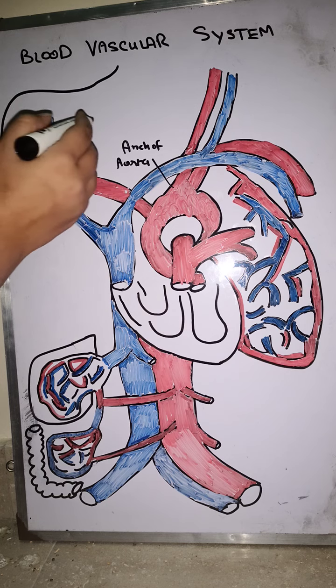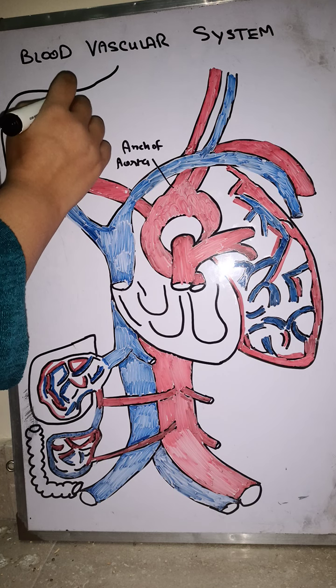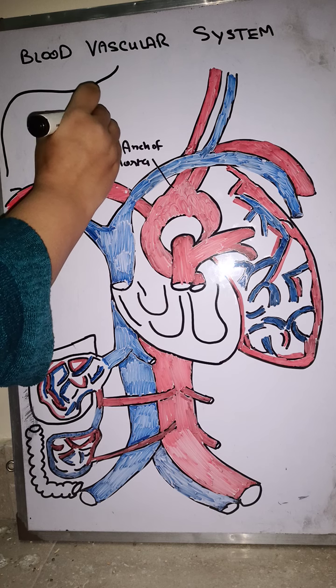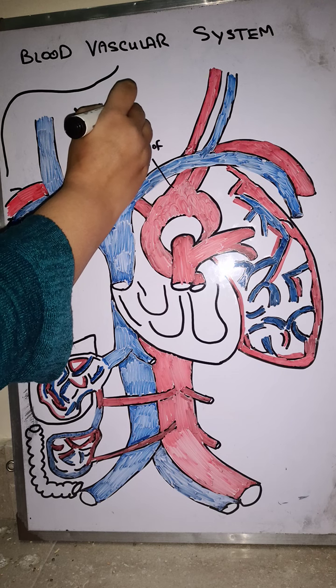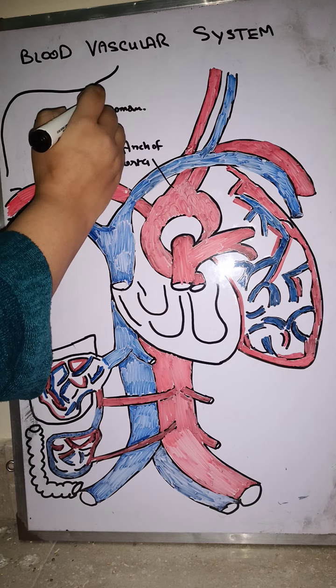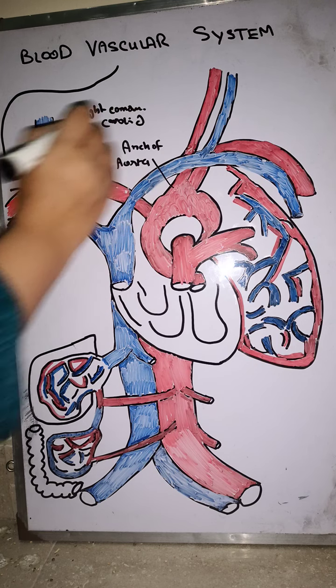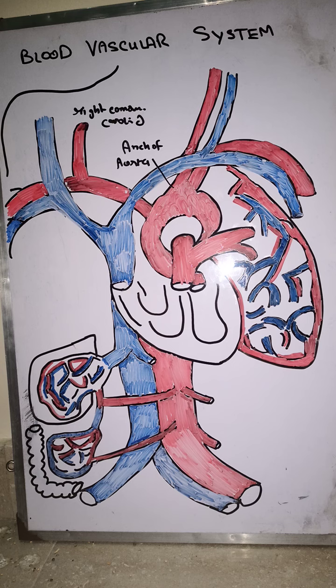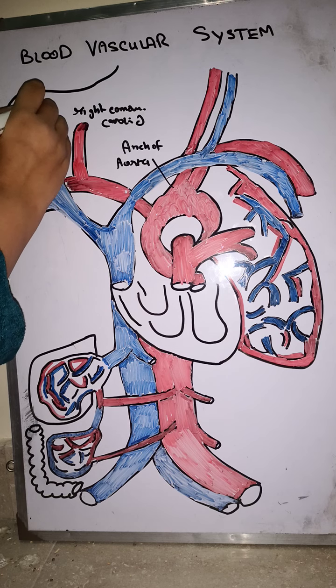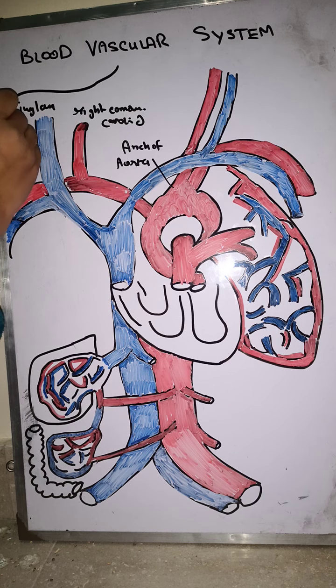This is most probably the right common carotid artery, while this is the internal jugular vein.